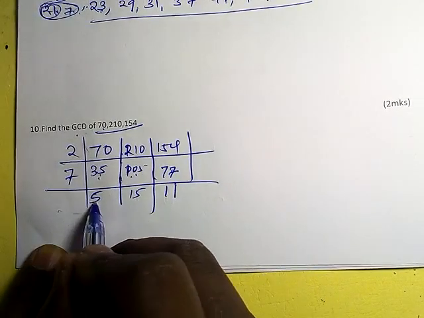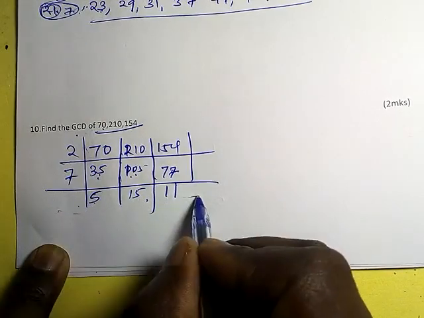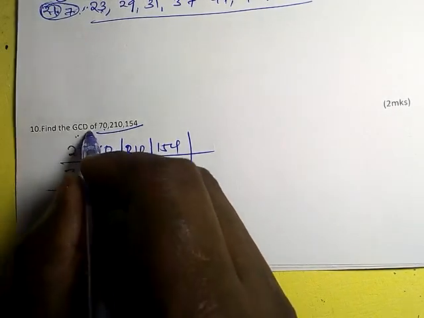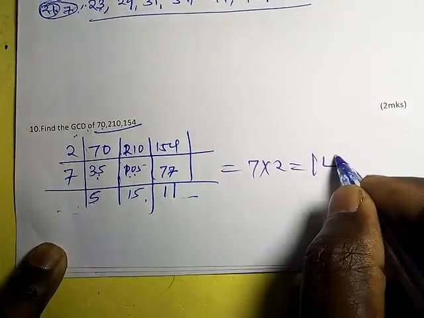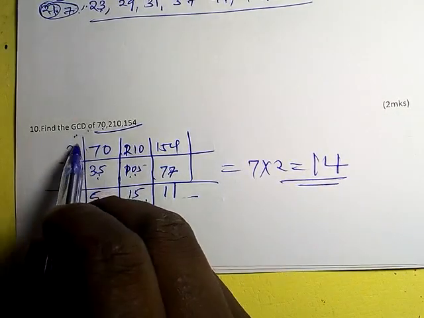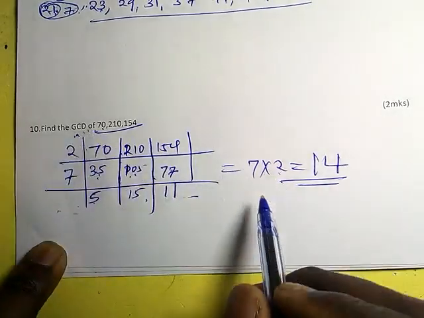Up to that point, there is no other number that can divide all of them. Therefore, the greatest common divisor equals 7 times 2, and that is 14.